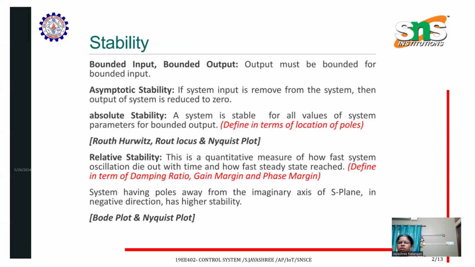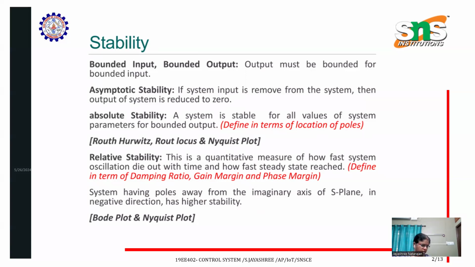Usually we can observe in some systems that even if you remove the input, it still gives output due to its residual energy inside. So this is asymptotic stability and instability.